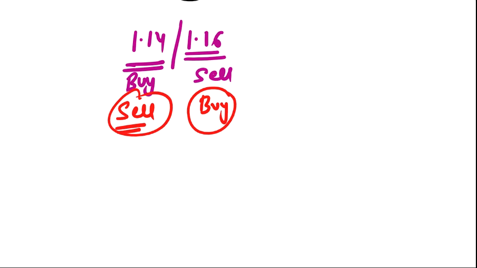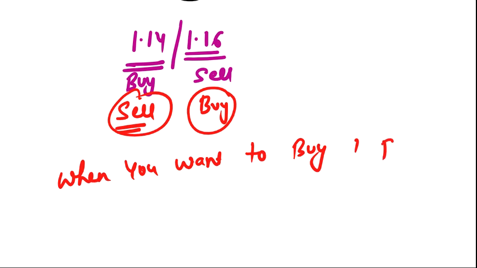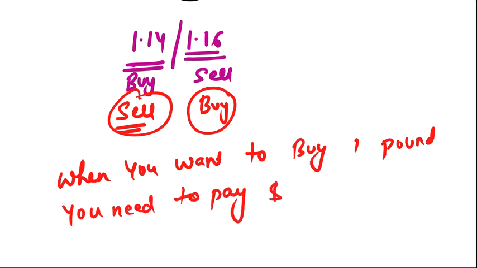Clear? So whenever you want to buy 1 pound, write down, you need to pay dollar 1.16. Clear?